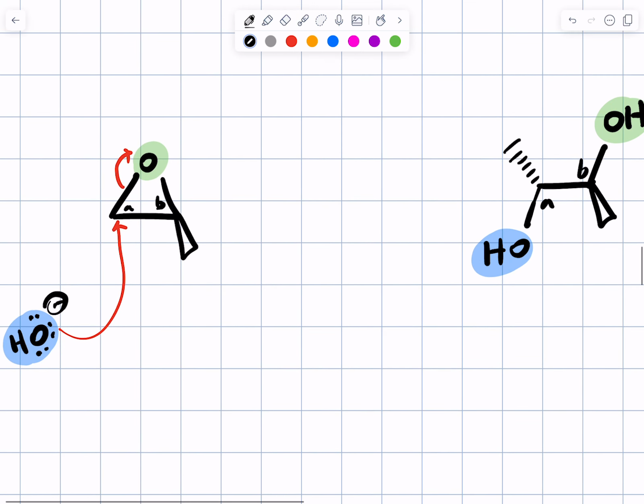Should it be a dash or a wedge, and where should it be pointed? That's confusing, right? When you do inversion of configuration from this angle, basically in the plane of the page, you show inversion of configuration by having this dash that's pointed towards the bottom of the page now be pointed towards the top of the page.